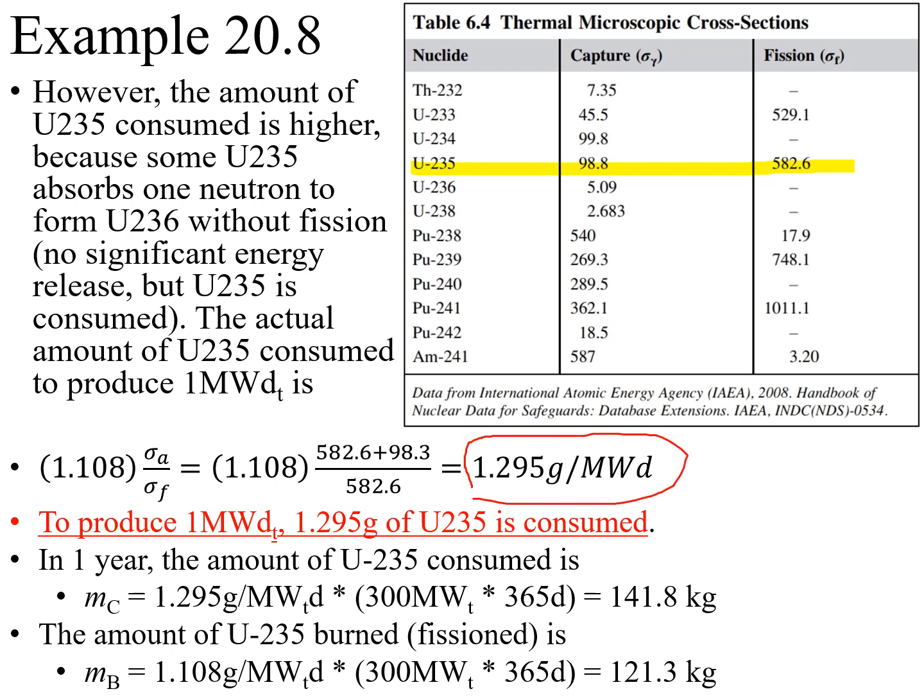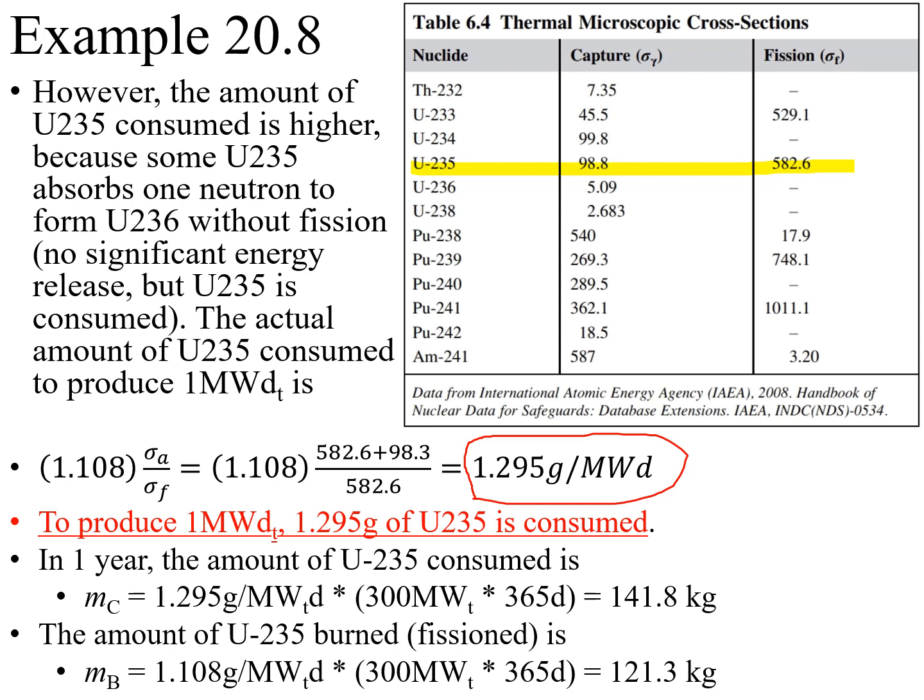You can use this value directly, and it is the mass of the 235 that is consumed to produce 1 megawatt a day. So to produce 1 megawatt a day, 1.295 gram of the 235 is consumed.